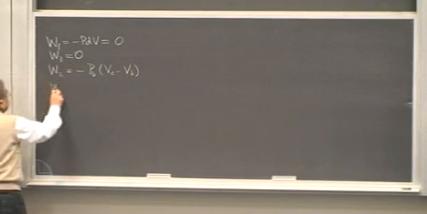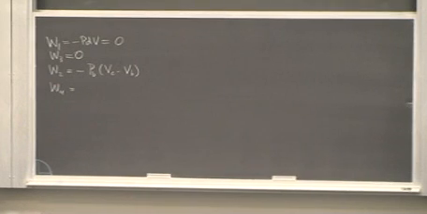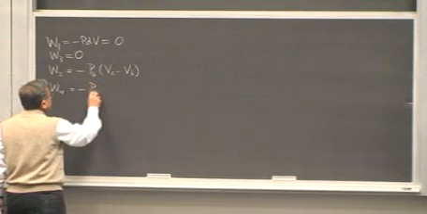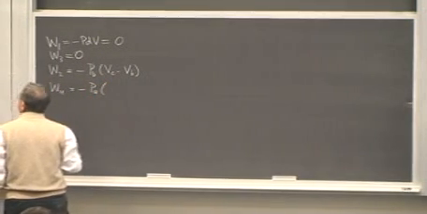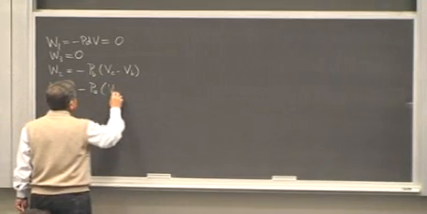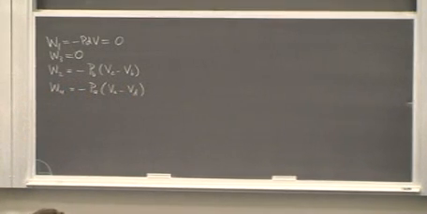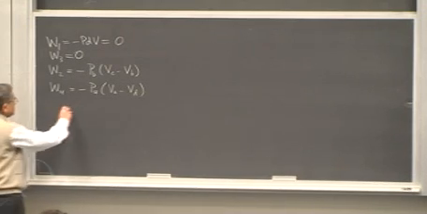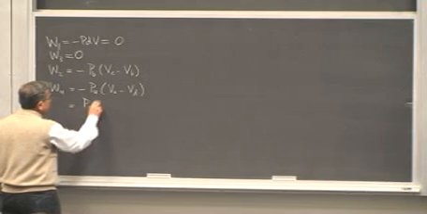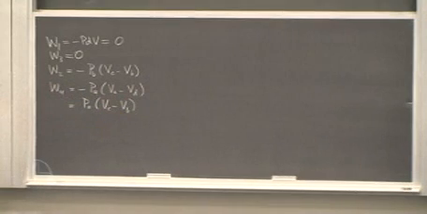And W4 is equal to minus PA times VA minus VD. And VA is the same as VB and VD is the same as VC. So this is actually equal to plus PA times VC minus VB. Okay?